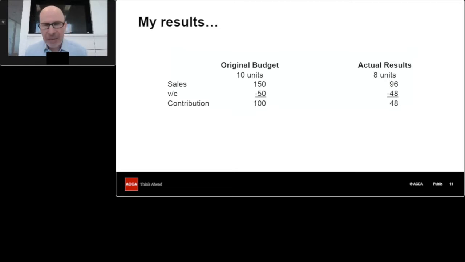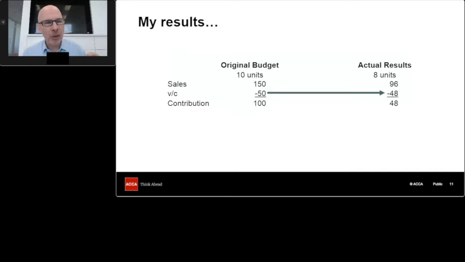And a common mistake when we're doing variance analysis is to try and control the business by comparing the original budget to the actual results. Friends, if we do that here, have a look at that green line.